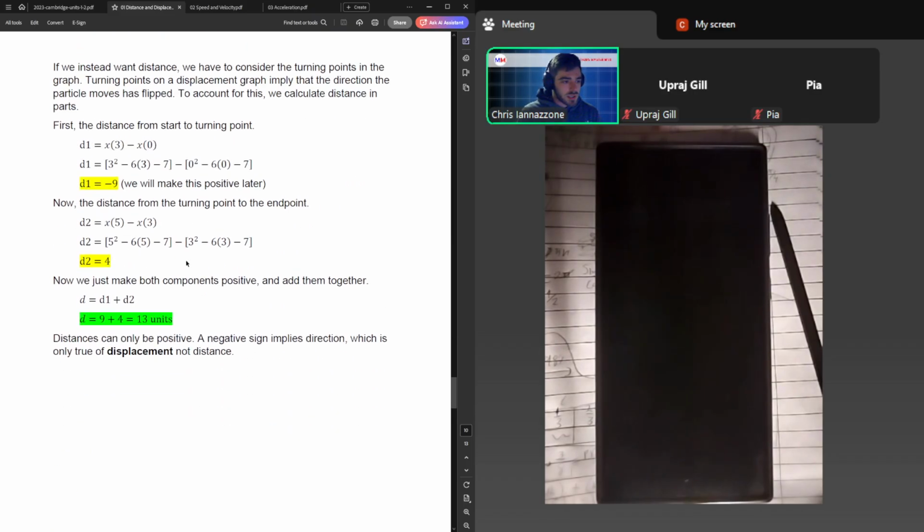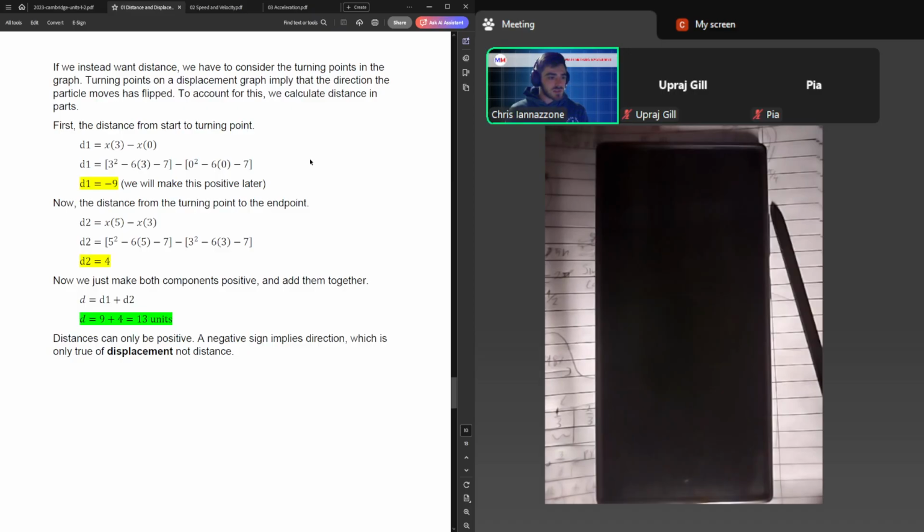Another thing worth pointing out, distance can only be positive. We're only allowed to have distance as positive, and that's because the correct terminology for distance is to call it a scalar. So there's these differences between scalars and vectors. Scalars are just the unit of measurement. They don't have any direction associated with them, whereas vectors do, and they use positive and negative signs to determine what the direction is.